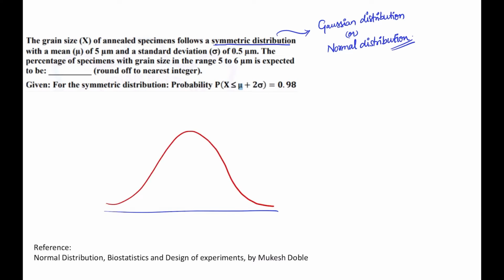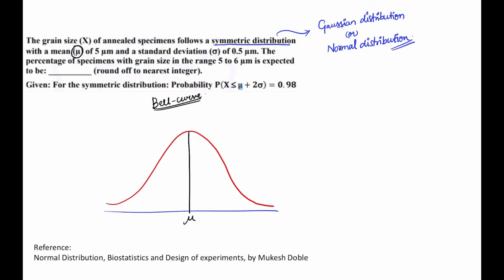Most of the data is centered around its mean. We know that mu is the mean. The same curve is also called a bell curve; the normal distribution curve is called a bell curve because of its shape.